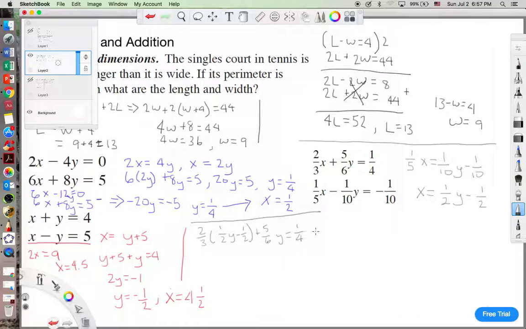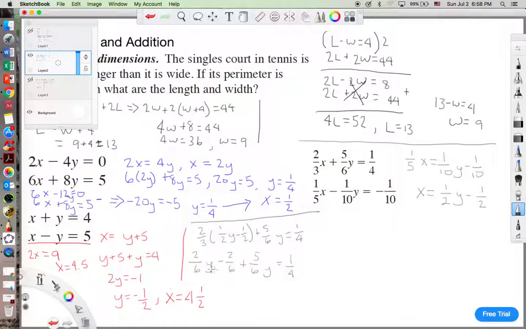And then we're going to distribute that 2/3. We get 2 times 1, which is 2, 3 times 2, which is 6. It's our y term, and again, minus 2/6, which is the same as 1/3, but we'll leave it as is right now because we want the same denominator as this y term here, 5/6 y, and then that's still equal to 1/4.